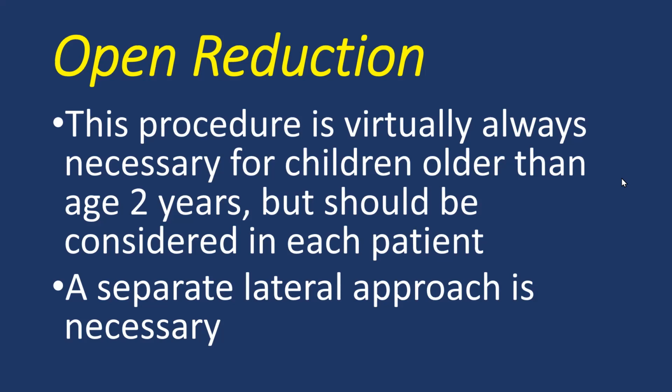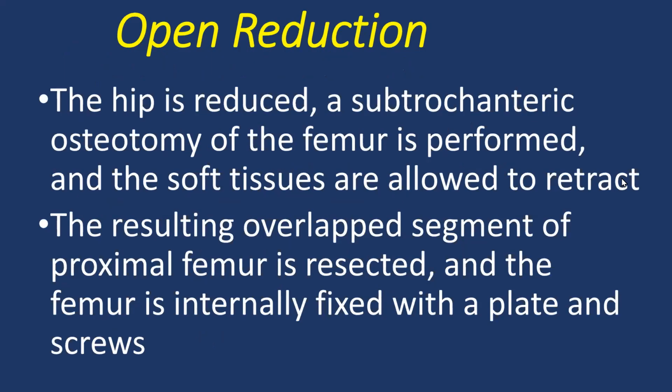A separate lateral approach is necessary. The hip is reduced, a subtrochanteric osteotomy of the femur is performed, and the soft tissues are allowed to retract. The resulting overlapped segment of the proximal femur is resected, and the femur is internally fixed with a plate and screws.